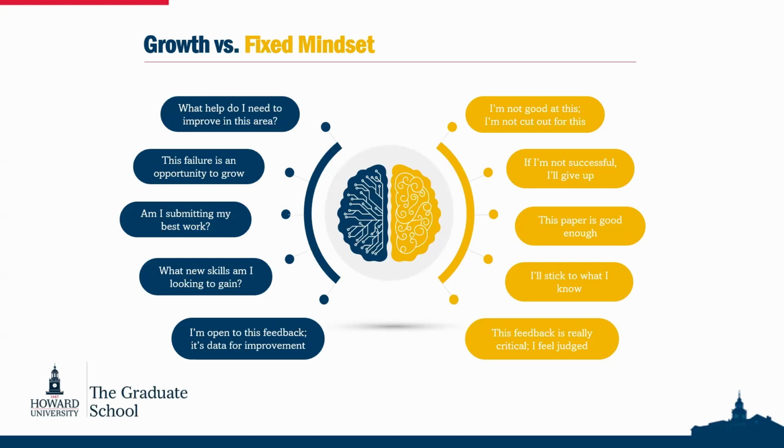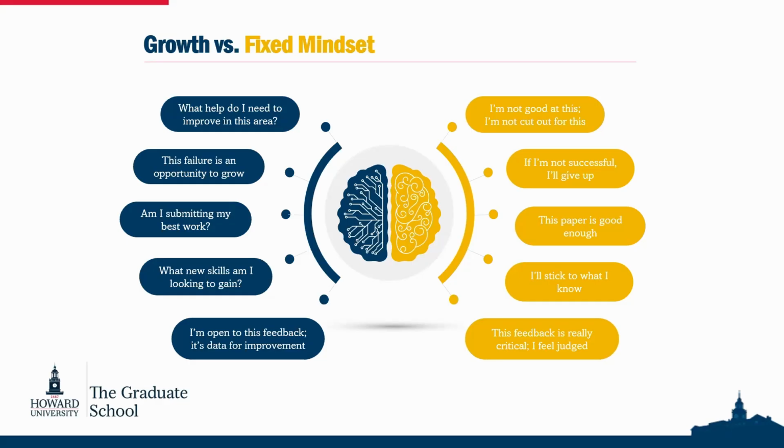You may receive feedback that seems really critical, but instead of thinking, okay, I feel judged, not sure if this work is worth it anymore, maybe let me just change direction, be open to the feedback. Use it as new data to improve and grow and flex your research muscle. Also, failure, see it as an opportunity to grow and fail forward.